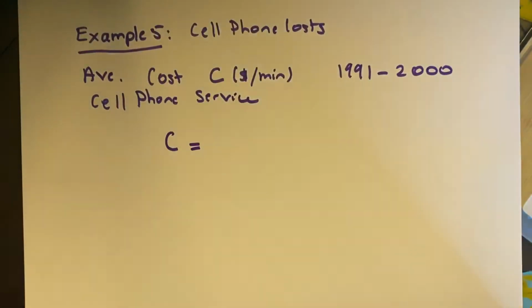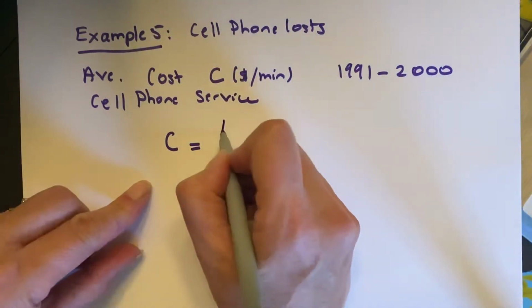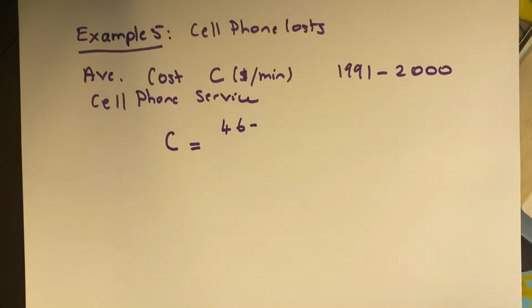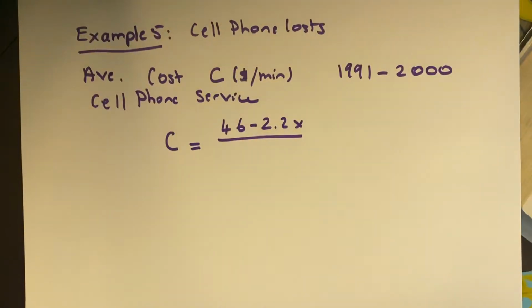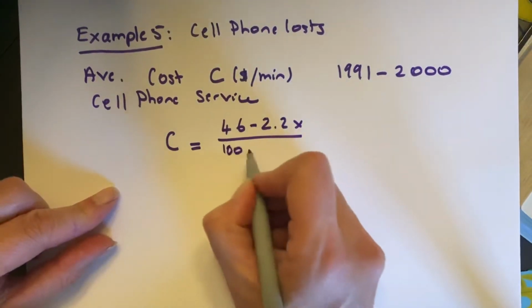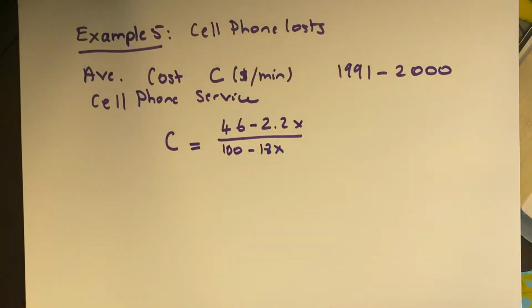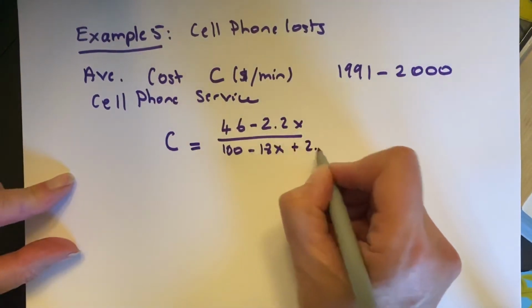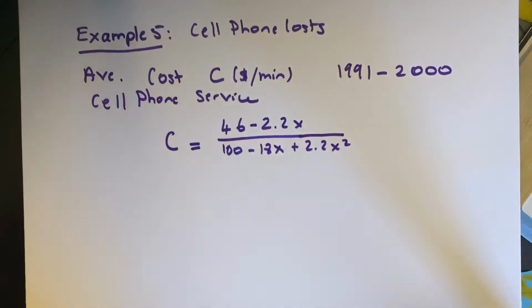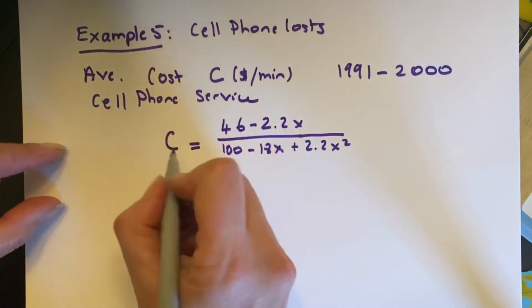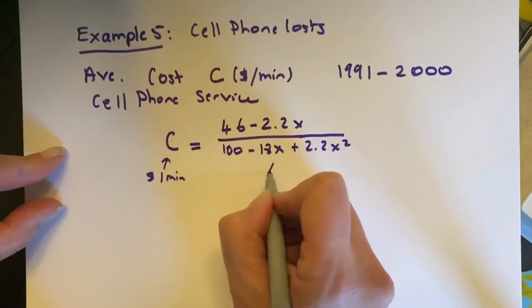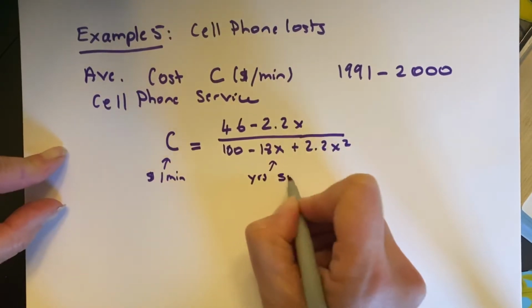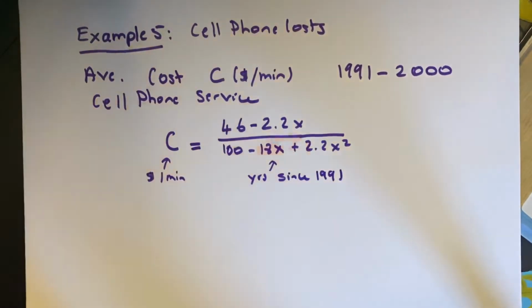C equals (46 minus 2.2x) divided by (100 minus 18x plus 2.2x squared). And let's remember that C is dollars per minute, and x is years since 1991.